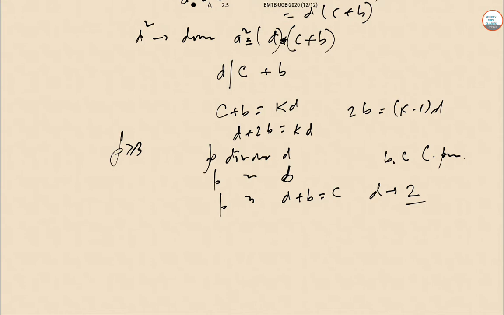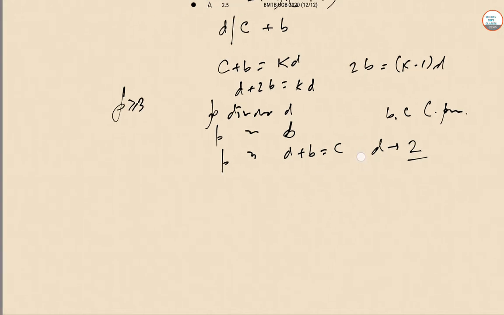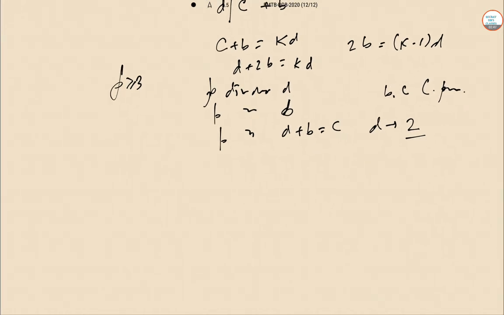Remember that every number can be broken into prime factors. By the same reasoning we can show that the power of 2 in the prime factorization of d is at most 1. So we have proved that either d equal to 1 or d equal to 2.